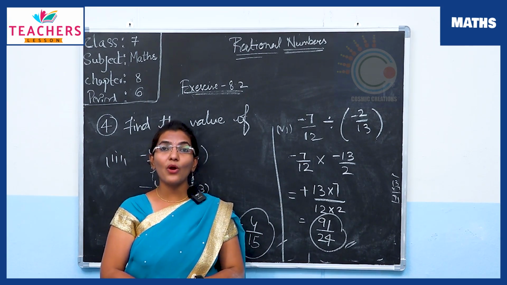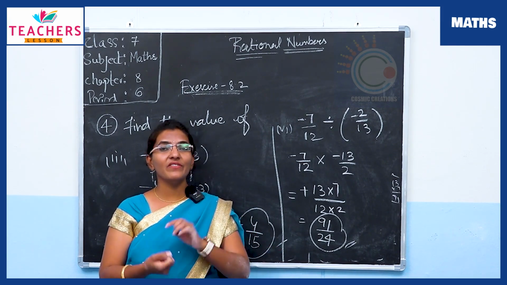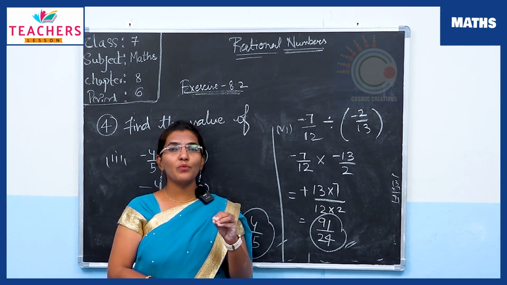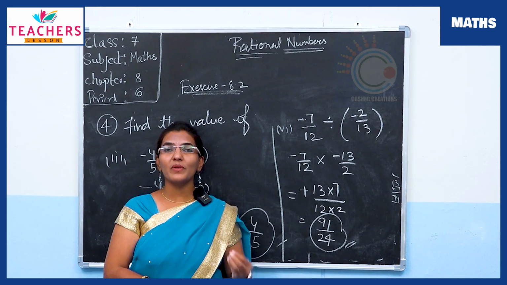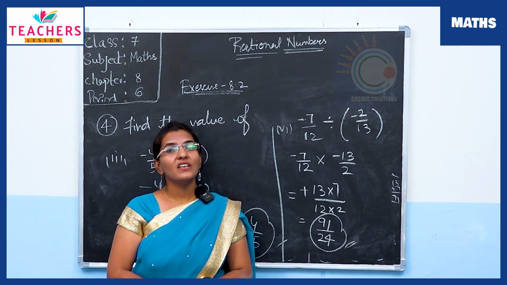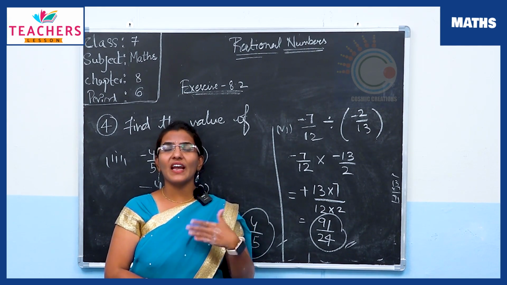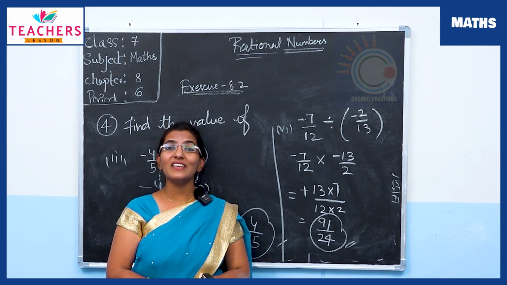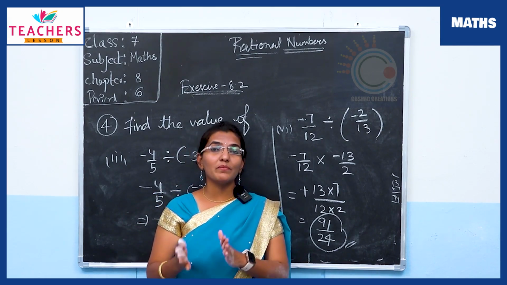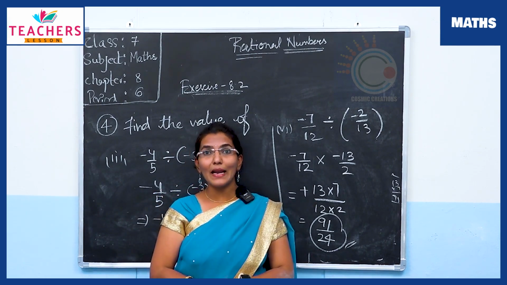Next, after equivalent numbers, what have we learned? Yes, we have learned about positive and negative rational numbers, right? Positive rational numbers are those where the numerator and denominator both have positive signs. And negative rational numbers are those where any one of the numerator or denominator is in negative form. Clear? And we have also learned how these rational numbers are identified on a number line, right?